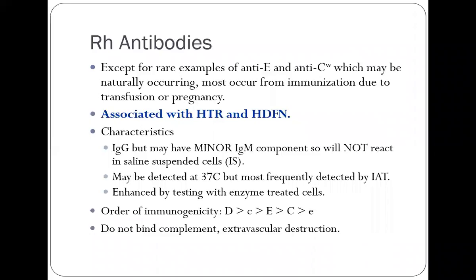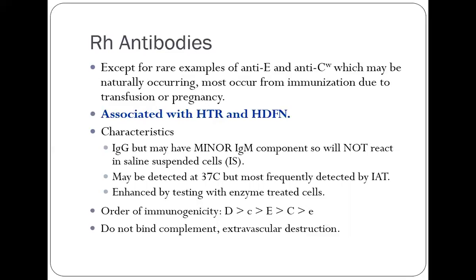What we'll see is that we'll be picking these Rh antibodies up at 37 degrees Celsius, because that's our body temperature. And then we'll definitely be picking them up at the last phase, which is known as the IAT or AHG phase. These Rh antibodies are also enhanced if we use enzyme treated cells.